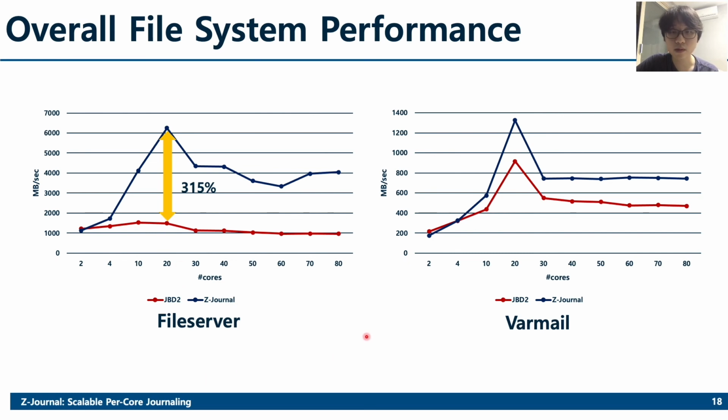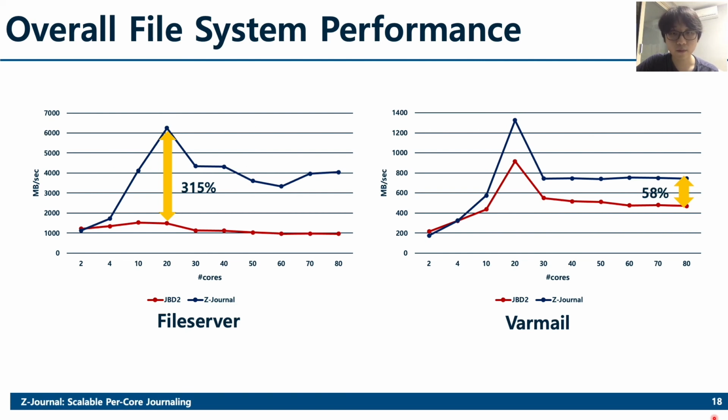Varmail also showed a similar throughput change pattern to fileserver, and Z-journal improved performance by 58% at 80 cores. However, unlike fileserver, varmail frequently called fsync, and the performance improvement for fsync by Z-journal is smaller than that for other file operations.